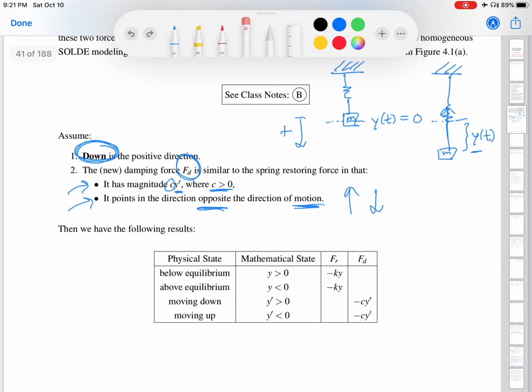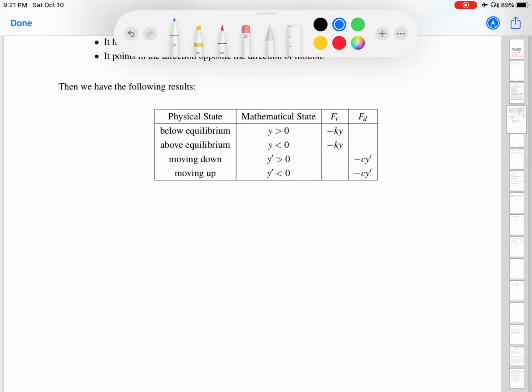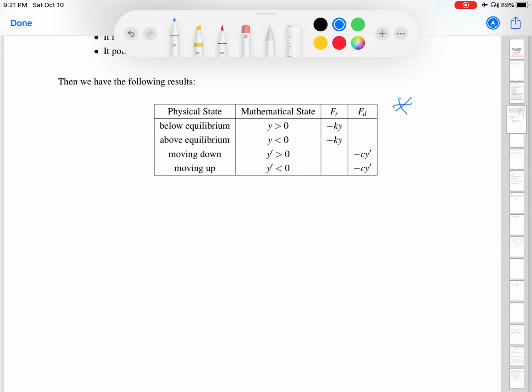All right, so with all that said, let's get down to the nitty-gritty of understanding how all these forces act. And I'm going to run through this table that I've put here to understand how these forces interact. The first thing I'll do is I'll draw a few diagrams. So just to notice one thing, the first two rows in this table are about the above or below state of the mass relative to equilibrium.